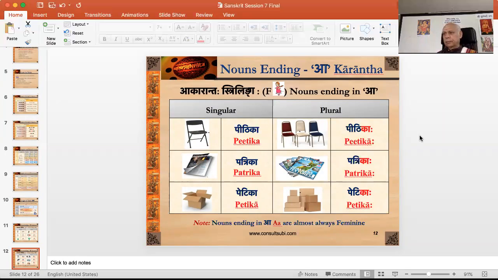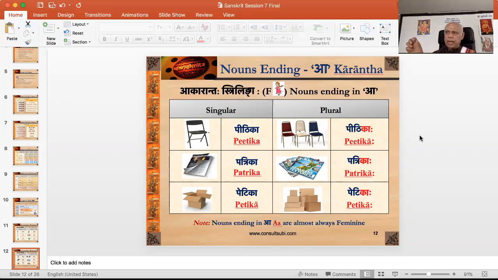Patrika means a magazine. Patrikaha, many magazines. Petika, a box. Petikaha. You see, you just extend the a and it becomes petikaha, patrikaha, petikaha.